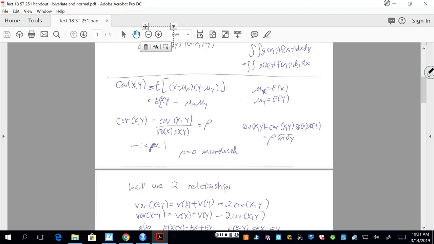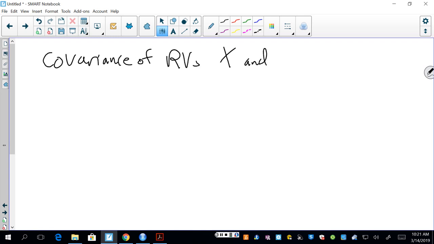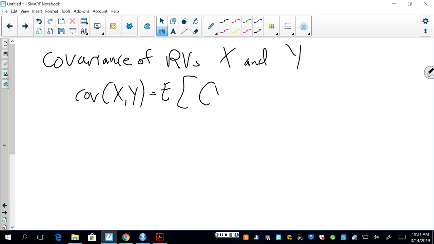And that particular function, so if we look at covariance of random variables x and y, covariance of x and y is defined as the expectation of x minus its mean times y minus its mean.